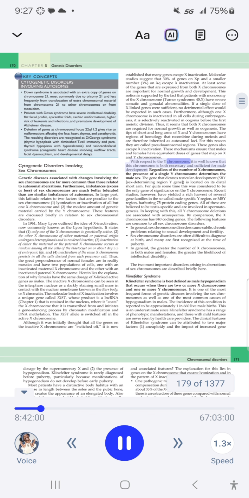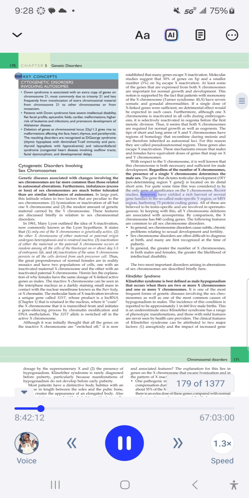With respect to the Y chromosome, it is well known that this chromosome is both necessary and sufficient for male development. Regardless of the number of X chromosomes, the presence of a single Y chromosome determines the male sex. The gene that dictates testicular development, SRY, sex-determining region Y gene, is located on its distal short arm. For quite some time, this was considered to be the only gene of significance on the Y chromosome.